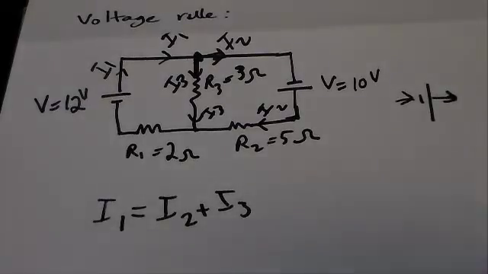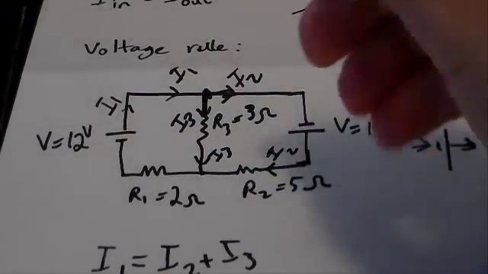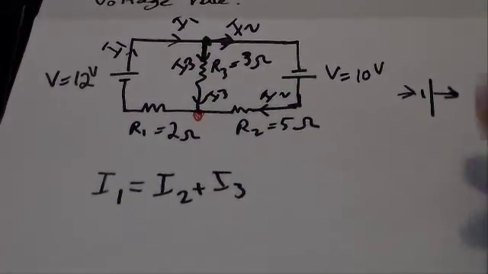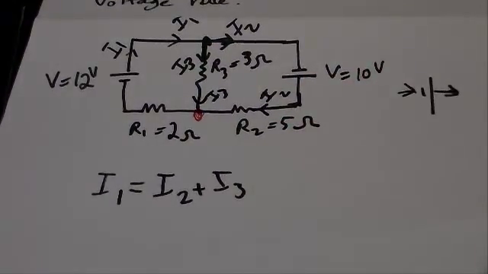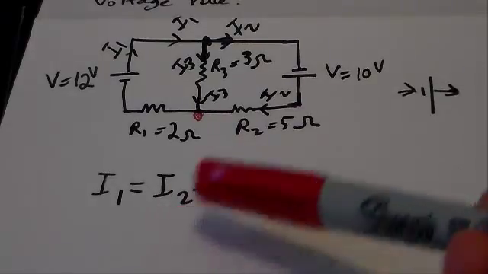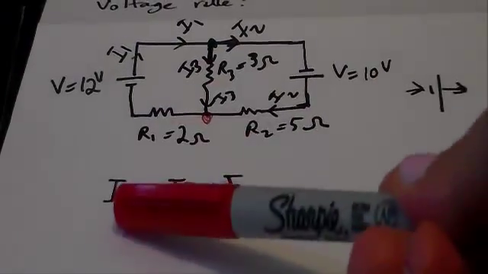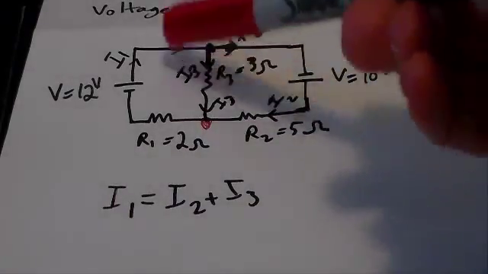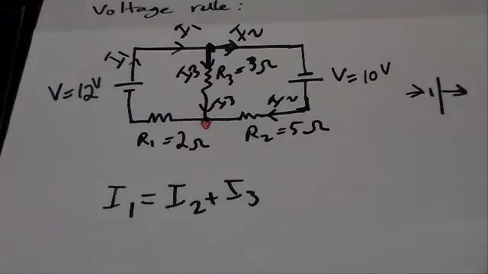get together at this junction, and as you see, we already wrote up the equation for it. The equation calls for I2 and I3 coming hand in hand to give us I1. That's exactly what happens, and that's exactly what happened up there as well.